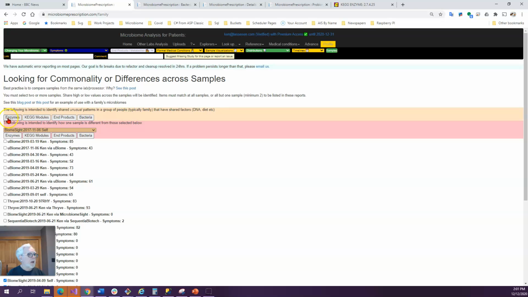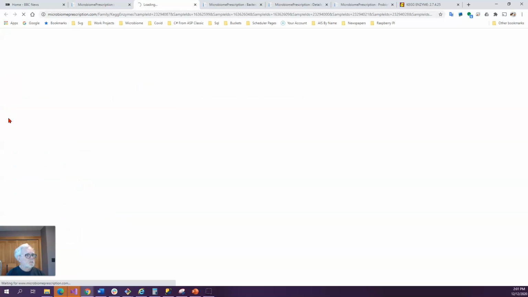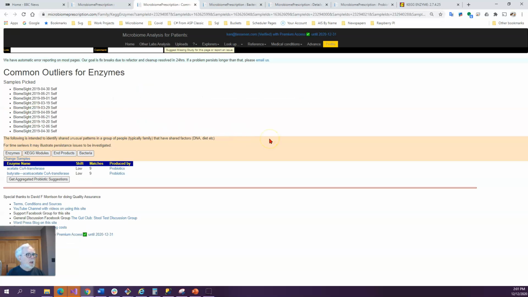And now I click enzymes. And the only thing in common across all of those samples, which is very common, I have something like 9 samples there. These two things were common. In other words, every single sample had low values of that.